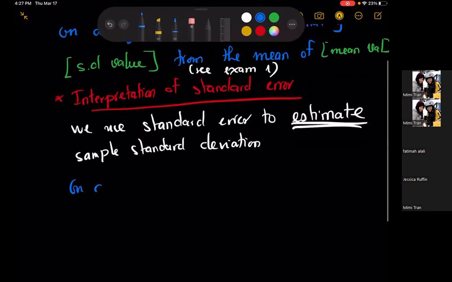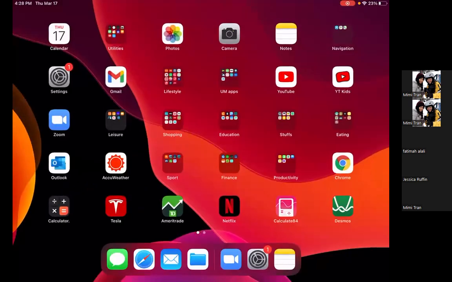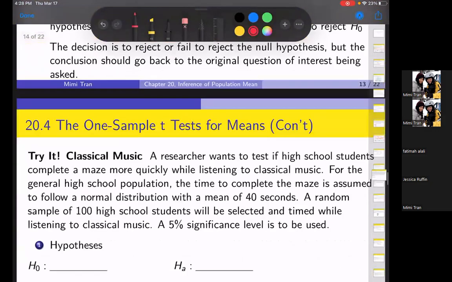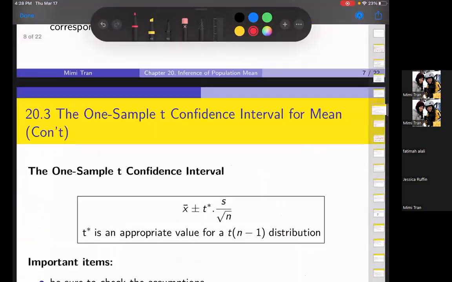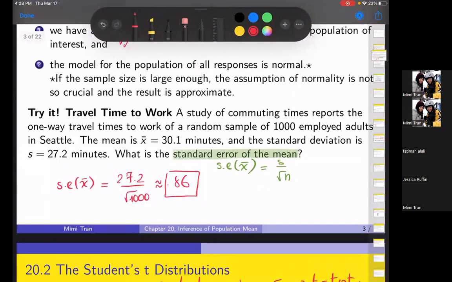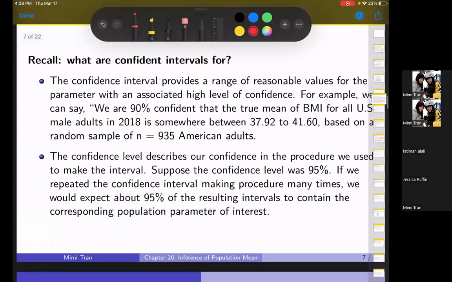Still on average. Can I use the one that we just did, the maximum distance one? Or maybe the one that we did up here. Right here, one-way travel time to work. Okay, so I'm going to use this one, 0.86.